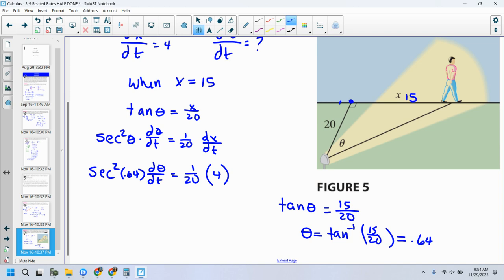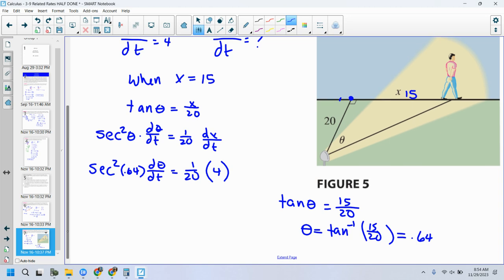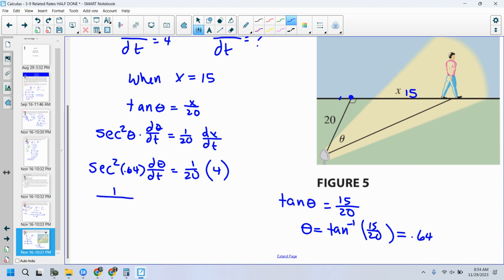Okay. Now, what is secant? 1 over cosine. So this is going to be 1 over cosine 0.64 squared, d theta dt, and then 4/20 turns into 1/5, right? 1/20 times 4.